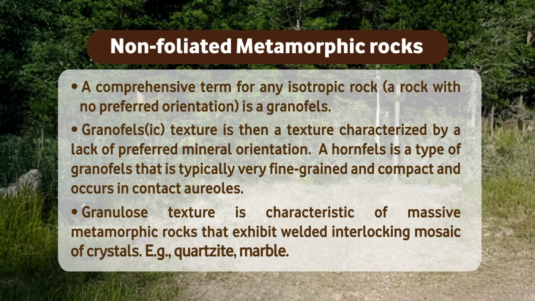Another texture which is associated with non-foliated metamorphic rocks is the granoblastic texture, which is characteristic of massive metamorphic rocks that exhibit a welded interlocking mosaic of crystals. This can be commonly seen in quartzites and marble.